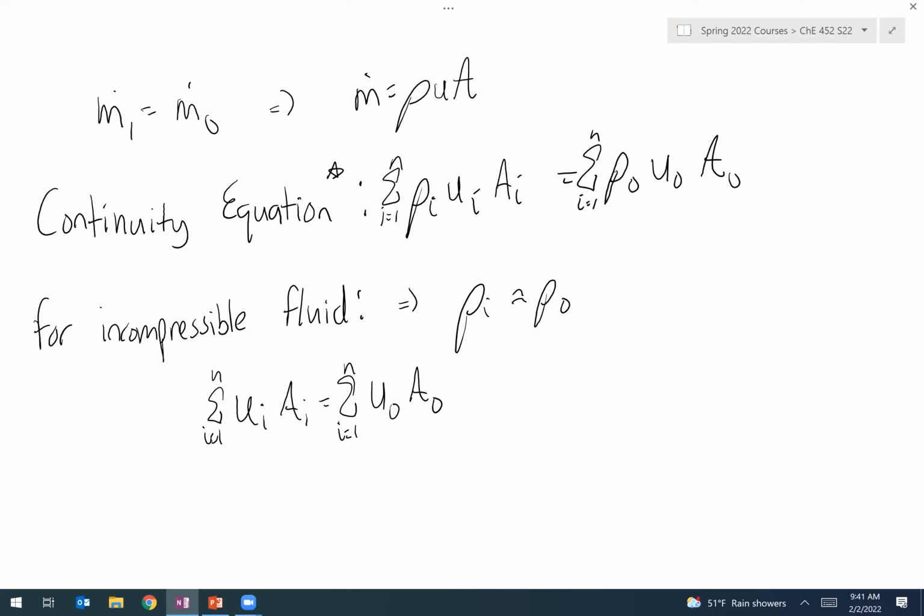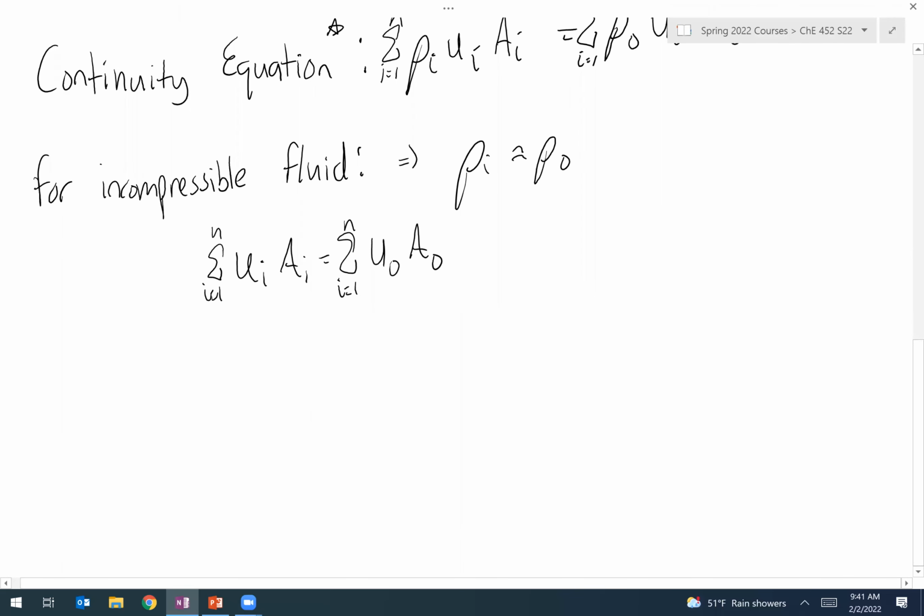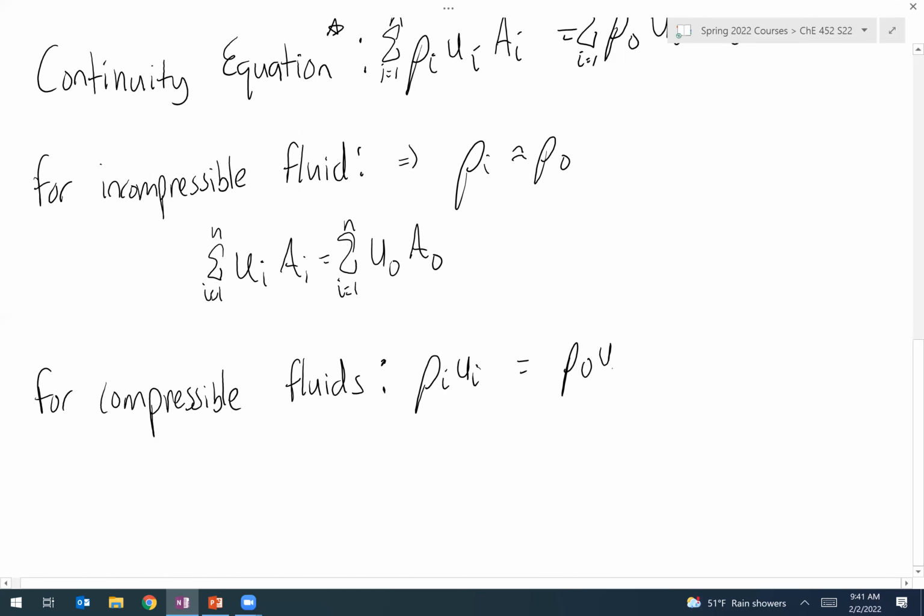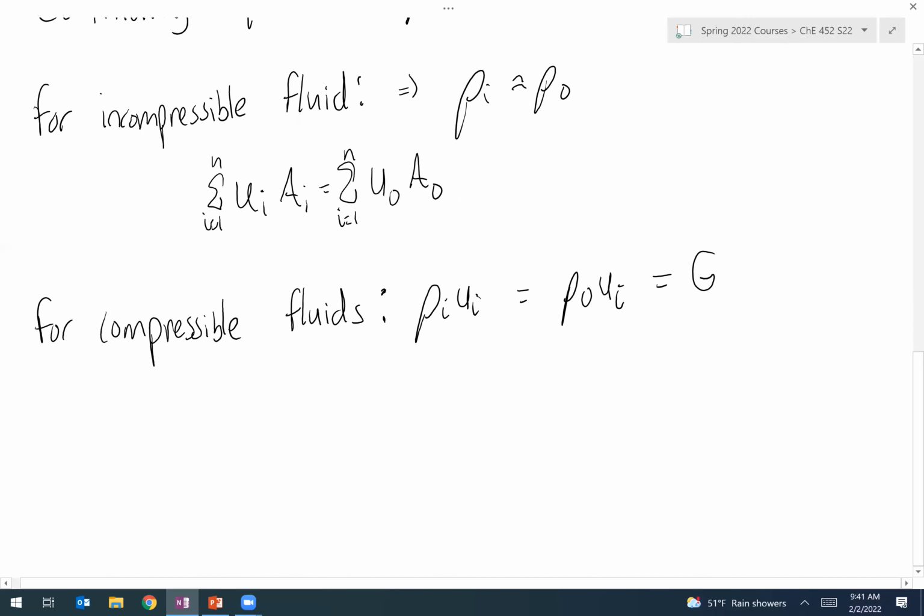Now for compressible fluids, we can't make that same distinction in terms of the density not changing. But what we can say for compressible fluids is that the product of density and velocity is equivalent, which we call a mass flux, which is just simply a flow rate over a flow area, hence a mass flux. And so we can say that for most systems, the mass flux is conserved.